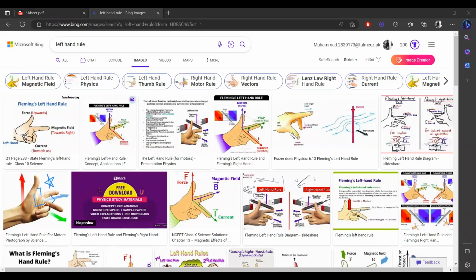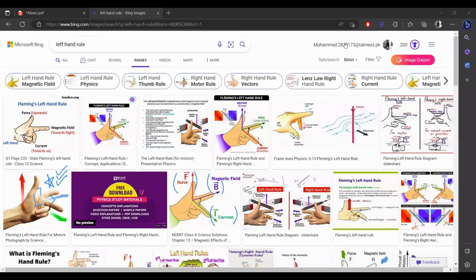So all three fingers are mutually perpendicular. And the second point to remember is that the first finger represents the direction of field, the second finger represents the direction of current, and the thumb represents the direction of force. Now you just need to place your hand like this, as mentioned in this diagram, and just rotate your hand with the orientation of magnetic field and electric current, right?